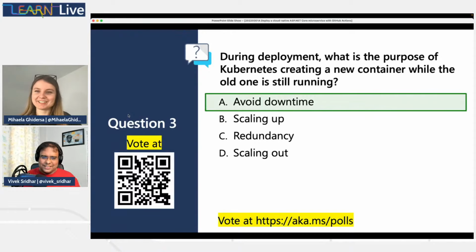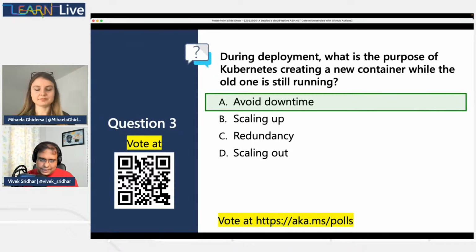Yep. So it's avoid downtime. As we showed, one of the pods was running when the other pod was not yet ready. The old pod is running, and the new pod, which is being created with the latest code, is still being created, but it's waiting to become ready to accept traffic.